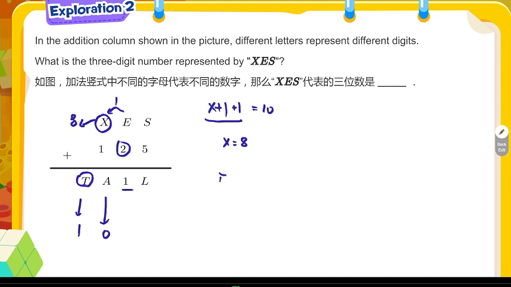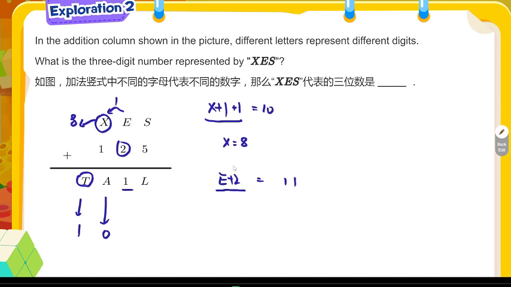So we think of e plus 2 equals something ending with 1. How can we get it? It must equal 11 here because we already know it has a carryover of 1.